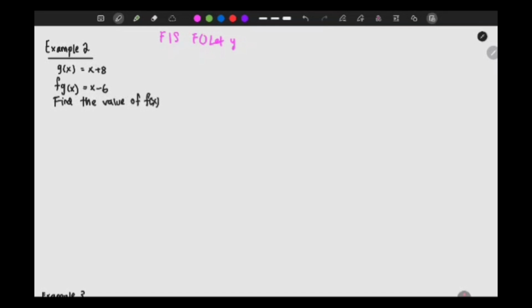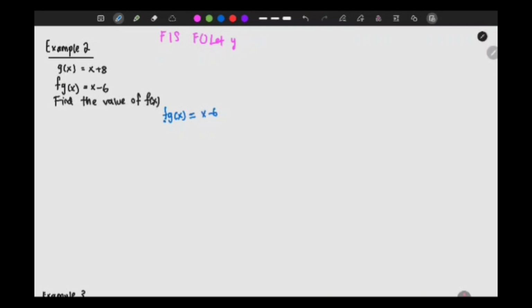So first thing first, you need to know whether the f is inside or outside. Since they already give us fg(x), which is x minus 6, you don't have to separate them, you'll separate them at the bottom. So you know your f is outside. Outside always let y.